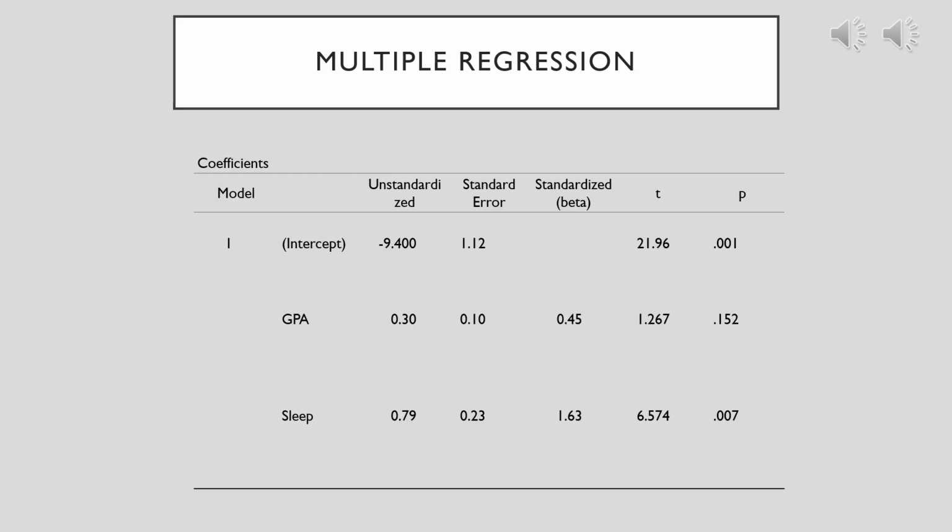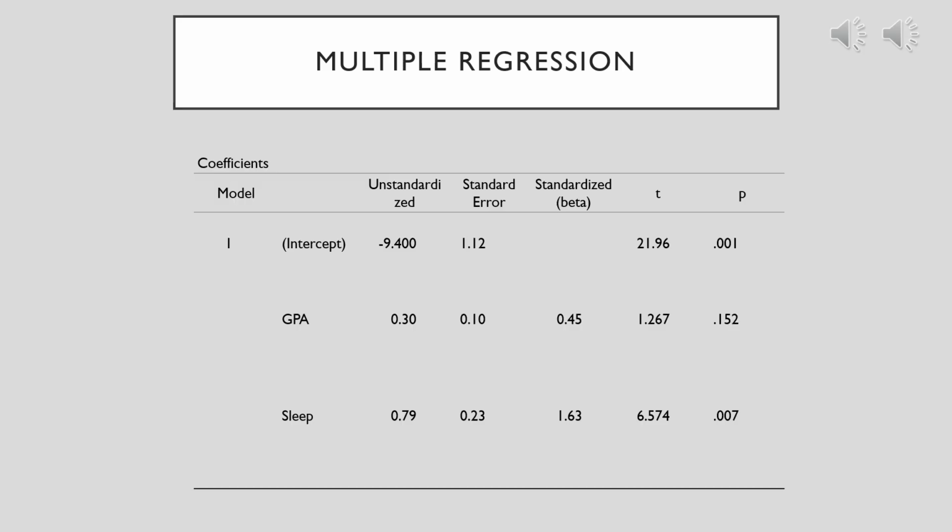All right, so for every 1 unit increase in GPA, we would expect happiness to increase by 0.30. For sleep, the slope is 0.79. For every 1 hour increase in sleep, we would expect happiness to increase by 0.79, right?